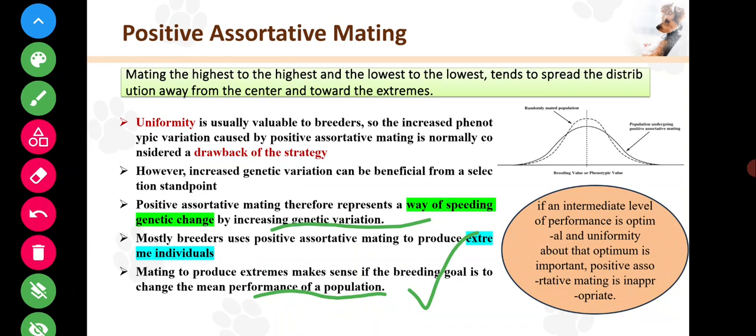If an intermediate level of performance is optimal and uniformity about that optimum is important, positive associative mating is inappropriate. If you want to create uniform animals, positive associative mating is not useful, because it will increase the variation and decrease the uniform animals. So this is about positive associative mating.